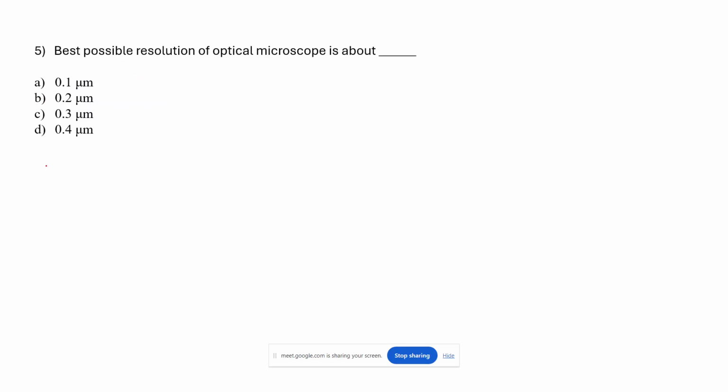And the final question of this practice assignment is, the best possible resolution of an optical microscope is about... can anybody tell me about this? Do you have any idea?